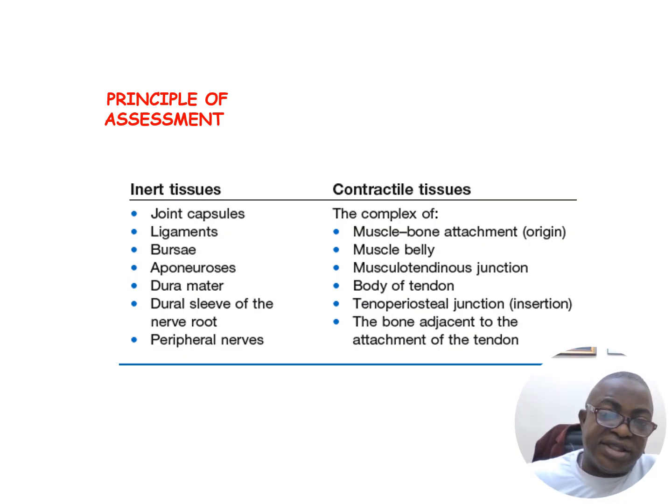How did Cyriax say we should identify a problem in the contractile structure again? Make them contract and carry out the action, and if the discomfort increases, you suspect contractile structure, or you put isometric resistance on the action of that muscle and tendon, and if the discomfort increases, you know to a high likelihood that the lesion is in the contractile structure.